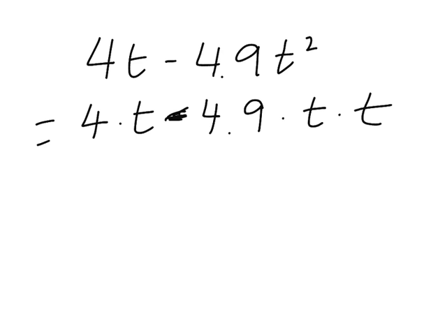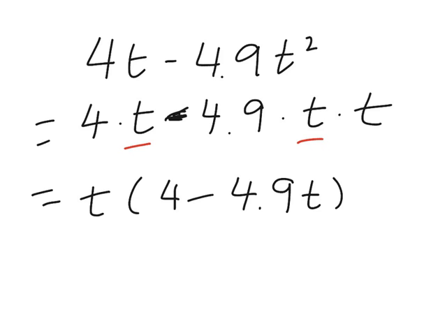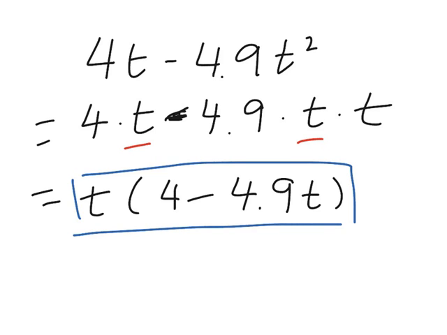There's a t in each side, so this is equal to t times 4 minus 4.9t, and that is the answer. Now you should pause the video, finish taking notes, and try the example problem in your worksheet.